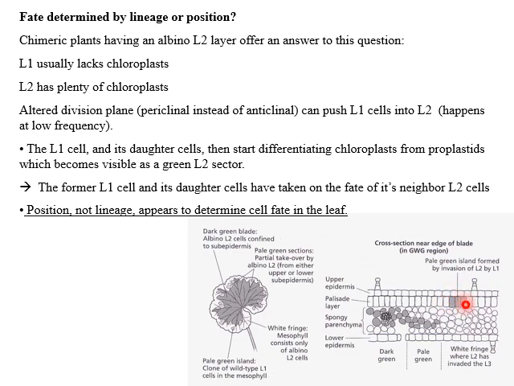So if a cell ends up in the L2 layer, it will take on the fate of the L2 cells, differentiating chloroplasts, but also, in this case, making the typical palisade cell shape. So the conclusion from this fairly simple experiment, that people have looked at in quite some detail, is that position, not lineage, appears to determine cell fate in the leaf of plants.